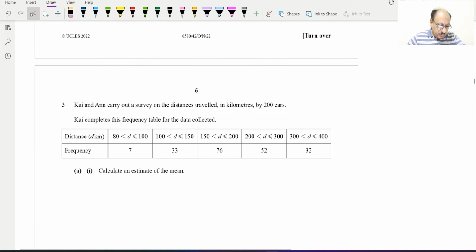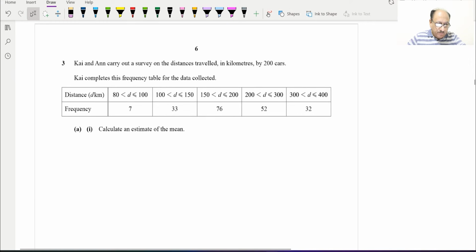Hopefully you understood this. Now question number 3, and question number 3 says Kai and Anne carry out a survey of the distances traveled in kilometers by 200 cars. Kai completes this frequency table for the data collected, and in part A, we need to calculate the estimate of the mean.